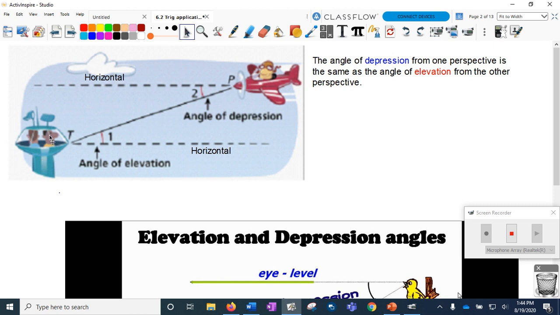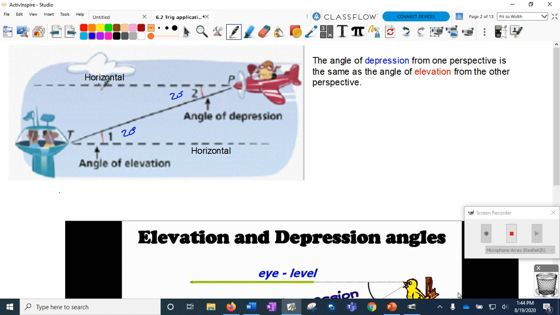Somebody at the control tower sees an airplane, and at the same instant, somebody in the airplane sees the control tower. The angle of depression for the airplane is the same as the angle of elevation for the control tower. So if this ended up being a 20-degree angle of elevation, because it's looking upward from the horizontal, then this is a 20-degree angle of depression for the pilot.